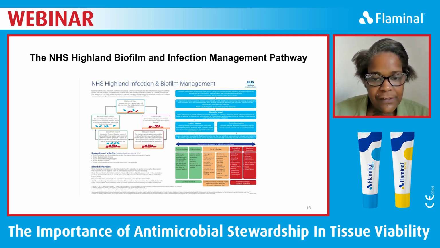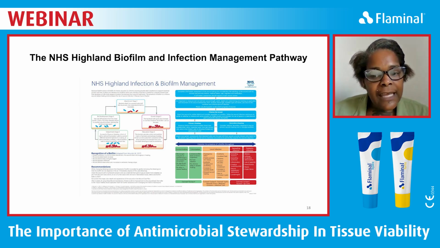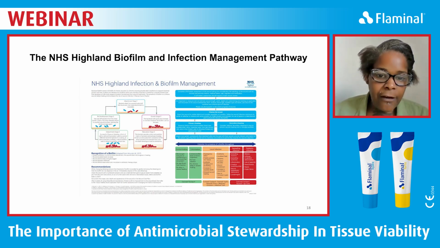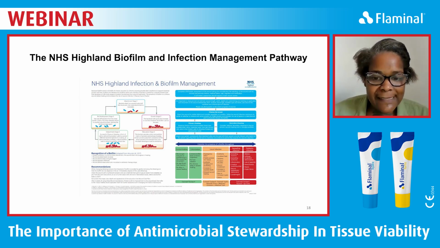This process involves hand hygiene and a systematic intervention at stage 1 to prevent biofilm from attaching to the wound, through effective debridement of that chronic wound and application of appropriate antimicrobial dressings.